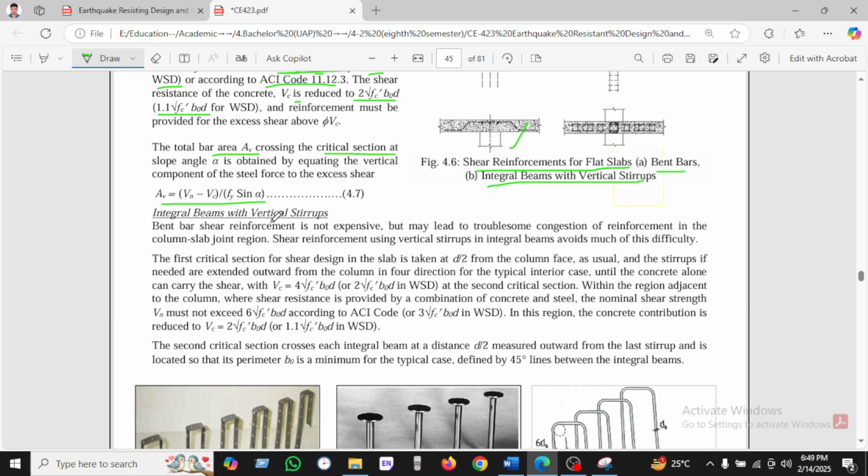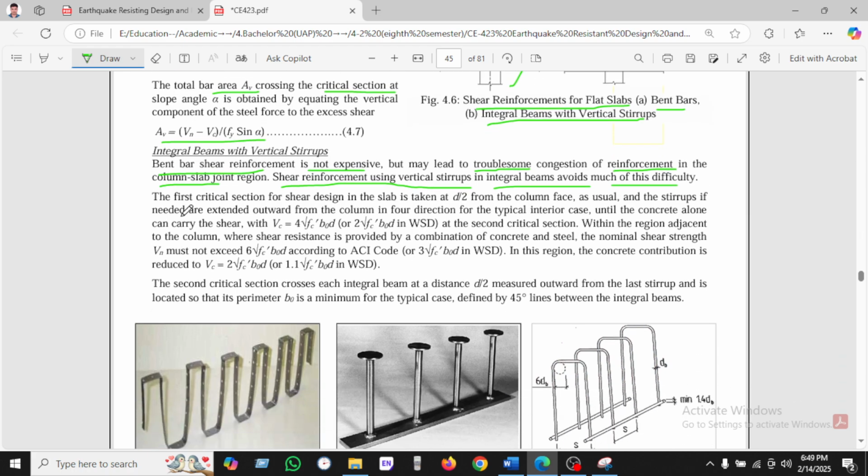And the integral beam with stirrups we have seen here. The bent bar reinforcement is not extensive, may be troublesome, and the reinforcement in the column joint region. Shear reinforcement using vertical stirrups in an integral beam avoids much of the difficulty. So you can see the first critical section for shear we have taken at d divided by 2.